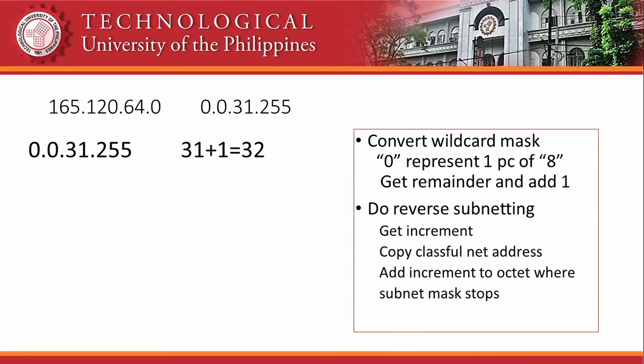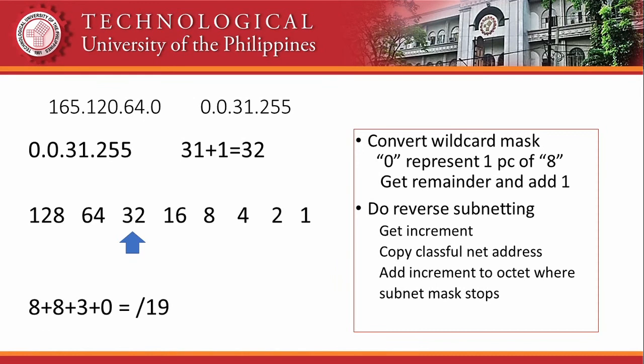And for the last octet, automatic magiging 0 na siya kasi 255. So, basically, mag-stop tayo sa third octet. Titignan natin sa decimal notation ng binary bit natin kung nasaan yung 32 or kung pang ilang bit siya. So, we have 8 plus 8 plus 3 plus 0. So, ang subnet mask natin would be /19.